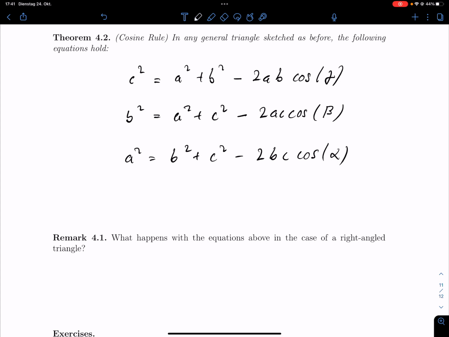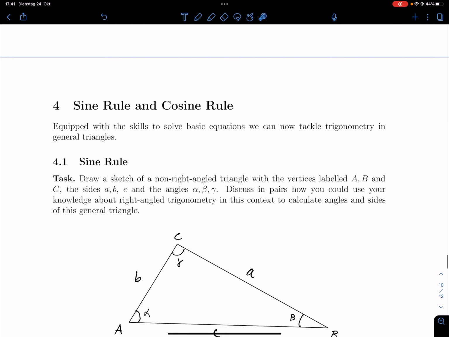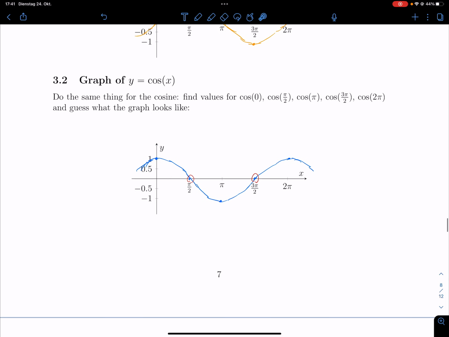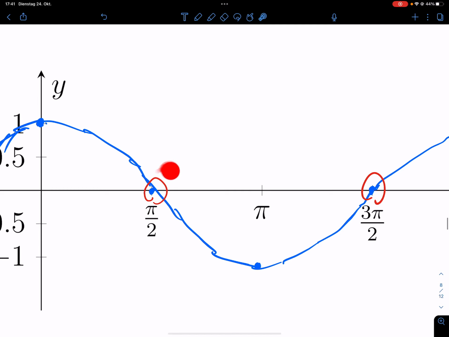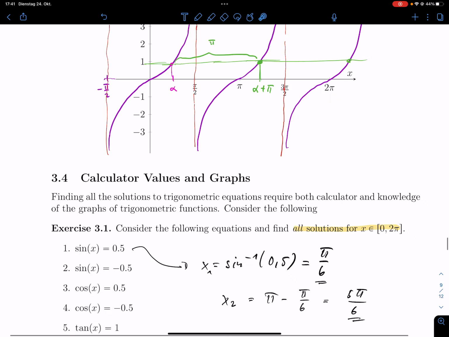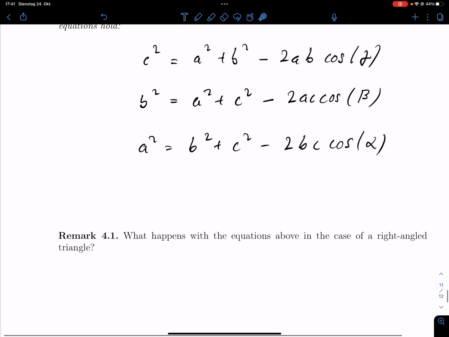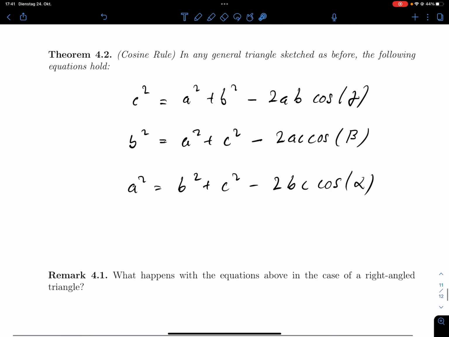If any of the angles, alpha, beta, or gamma, is a 90-degree angle, so let's say here, or here we have 90 degrees, or pi over 2, remember that cosine of pi over 2 or cosine of 90 is equal to 0. So this cancels the whole part here, either this one, that one, or that one.